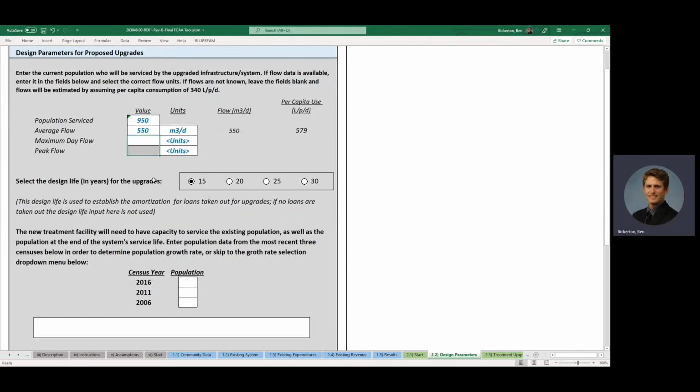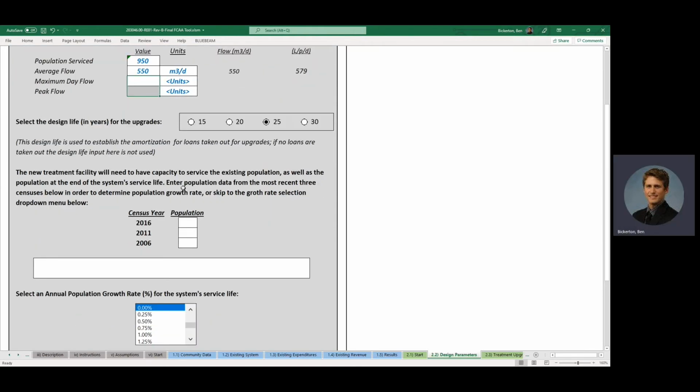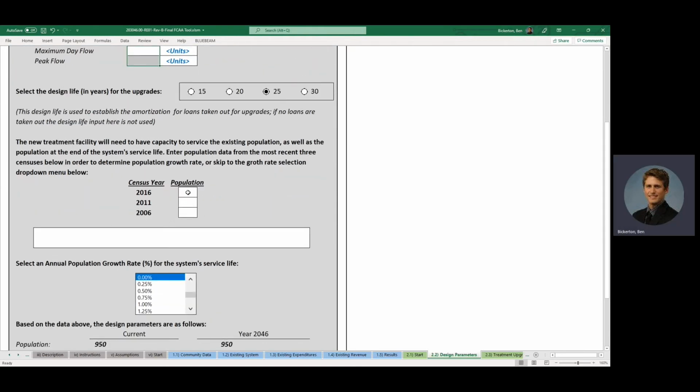So for the potential upgrades, we can select a design life between 15 and 30 years. So we'll say 25 years. We can also estimate the population growth based on census data if we have that. So for example, we could say the 2016 census had 940, 2011 had 930, and 2006 had 920.